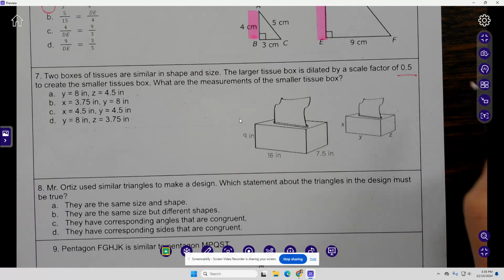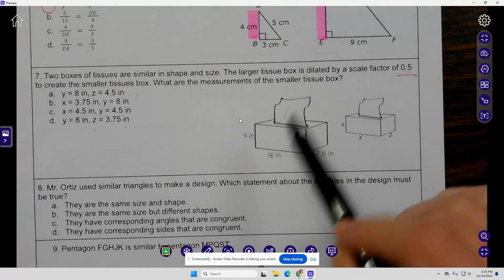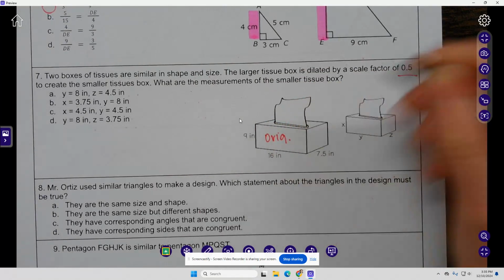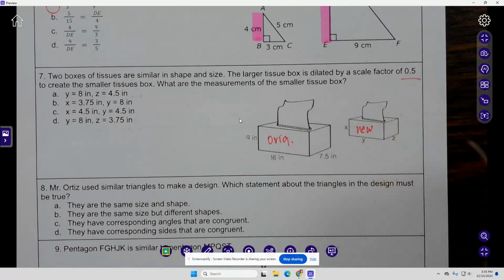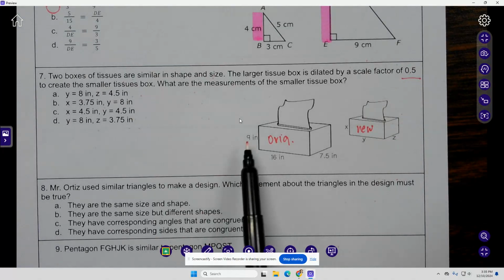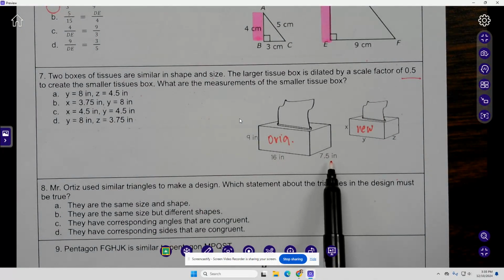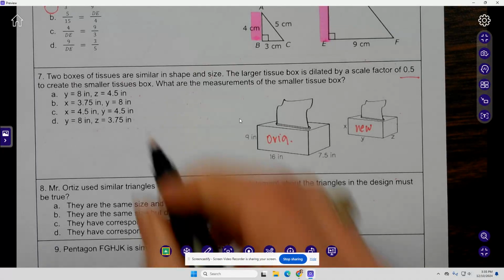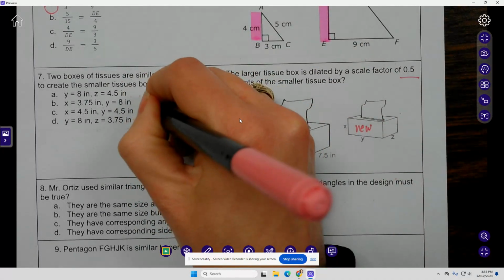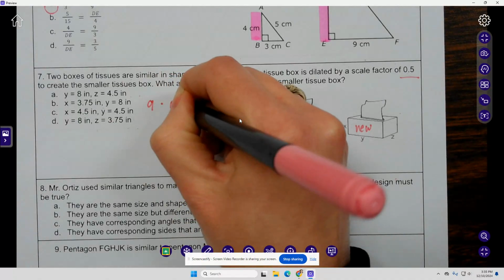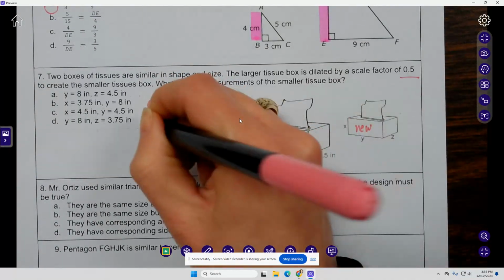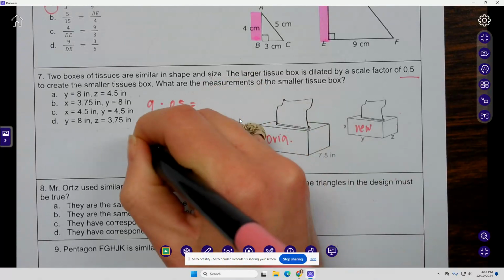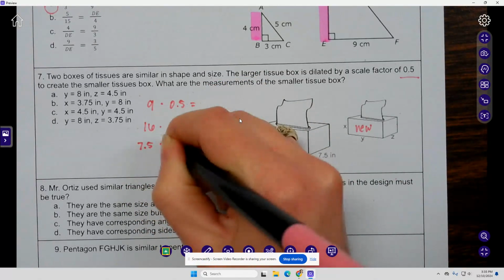So in order to dilate my original tissue box to my new tissue box, we have to multiply each of these dimensions by 0.5. Okay? So I have 9 times 0.5. I'm going to have 16 times 0.5. And then I'm going to have 7.5 times 0.5.